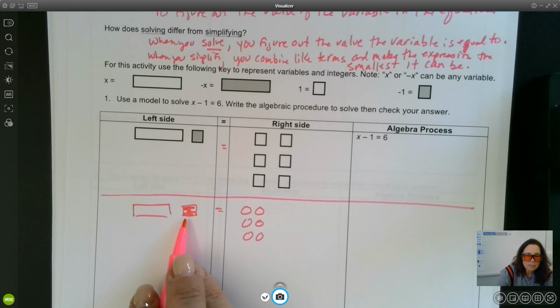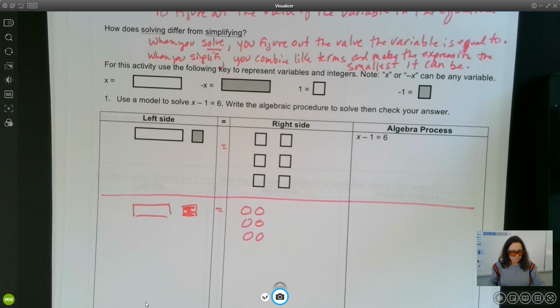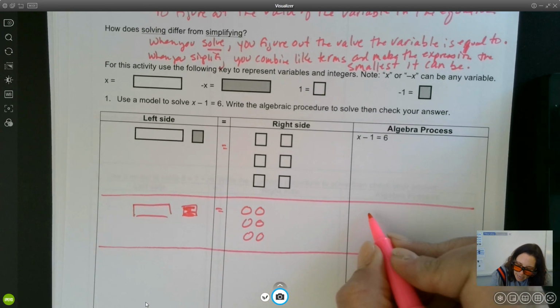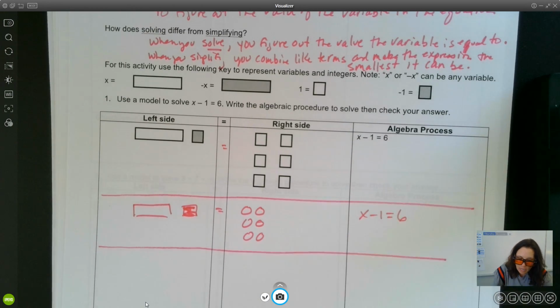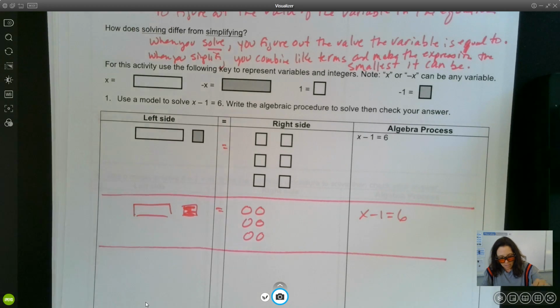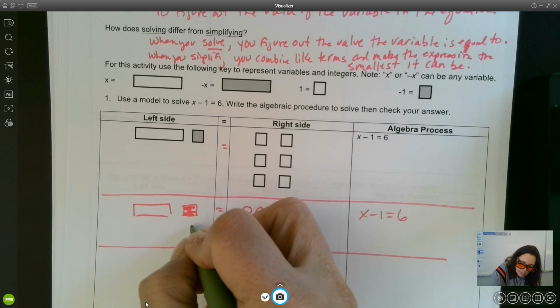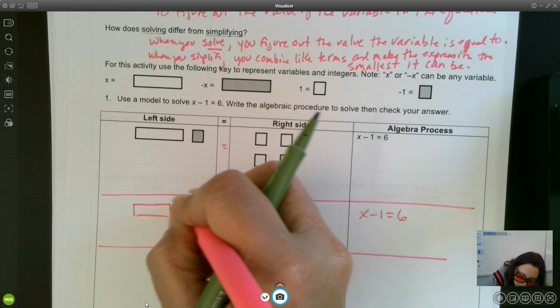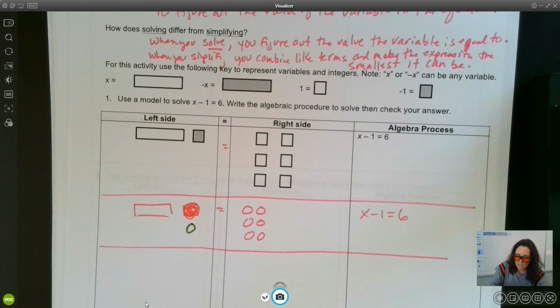Sorry that I went from squares to circles. That's just quicker. So here's what I have. I just recopied what was above. Now I'm going to add in a positive 1.